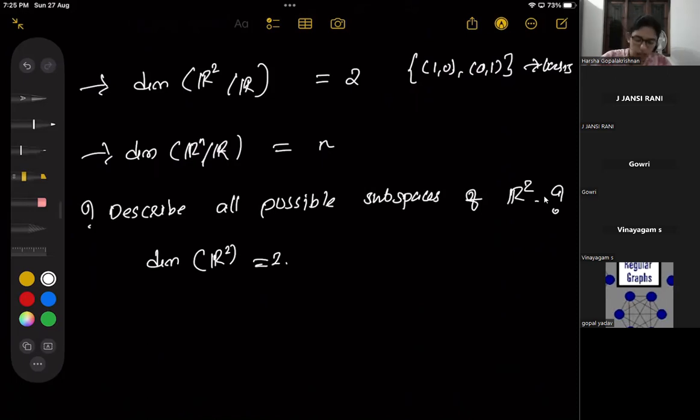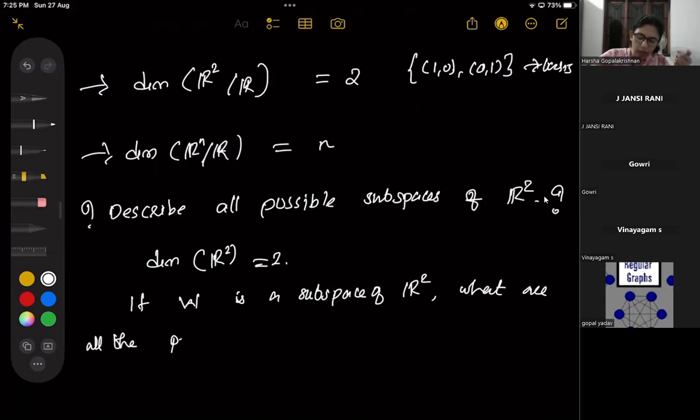Now, if W is a subspace of R2, what are all the possible dimensions of W? 0 is a possible dimension.